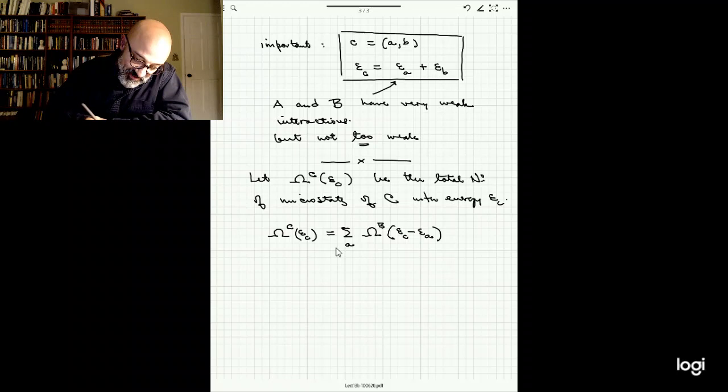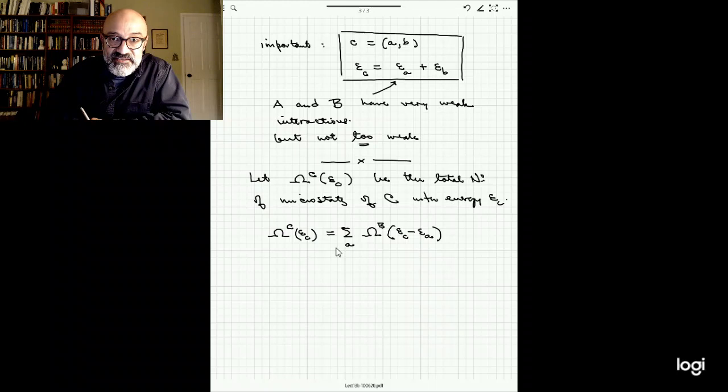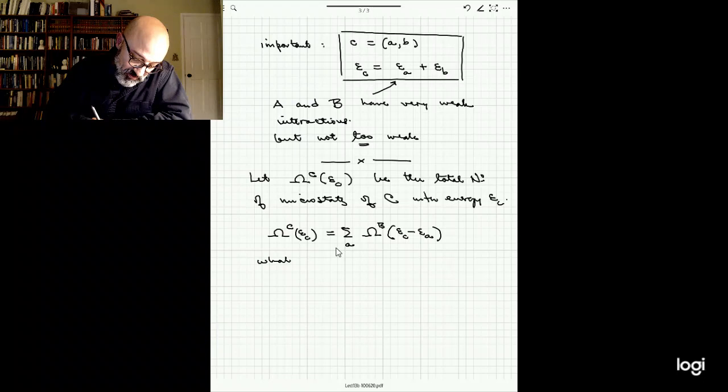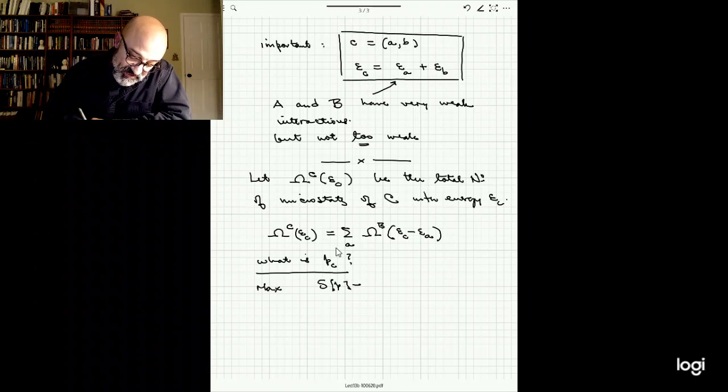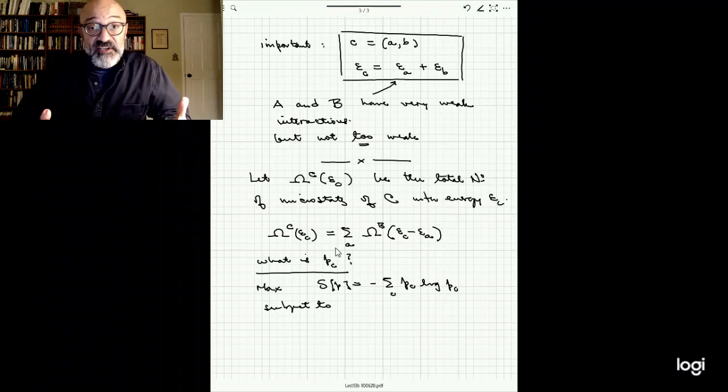What we're going to do now is find the probability distribution of the state C. What is P_C? For this, we maximize entropy. So maximize the entropy of state C, minus the sum over C of P_C log P_C, subject to, well, the only constraint we have, right?